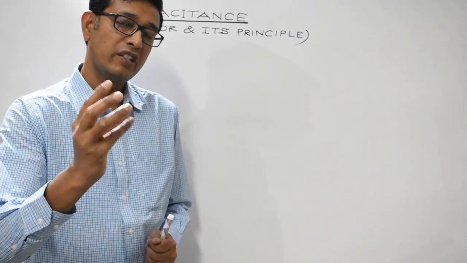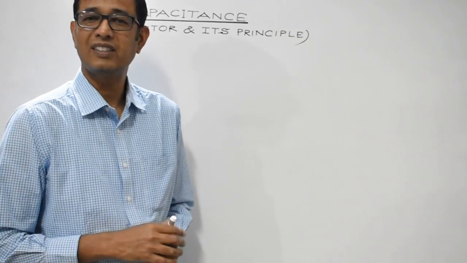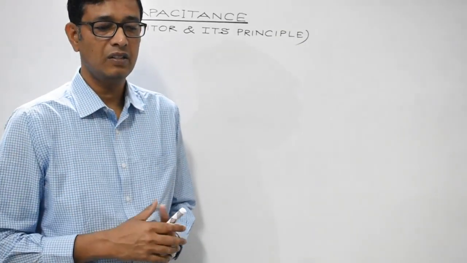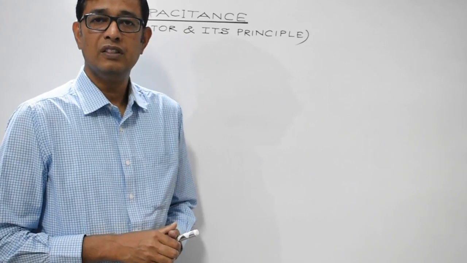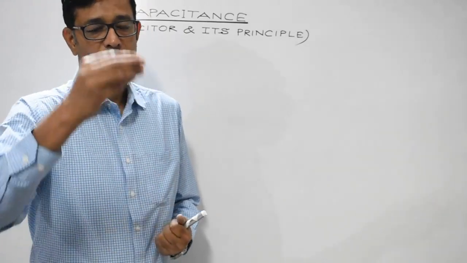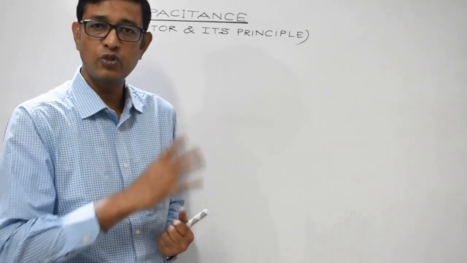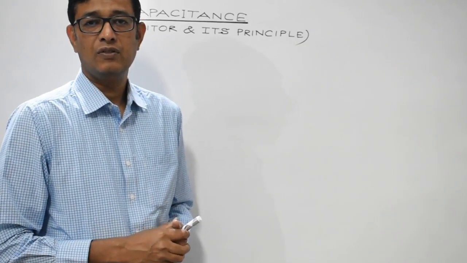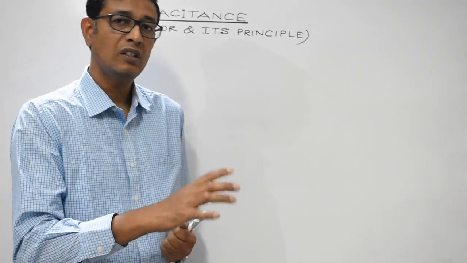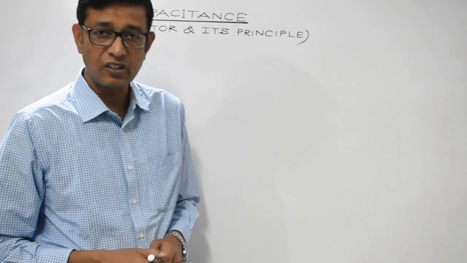Now, how to measure the capacitance of a body, right? So let's deal with it mathematically. We all are aware that when charge is given to a body, then obviously the potential of the body tends to increase, right? Whenever charge is given to a body, the potential tends to increase.